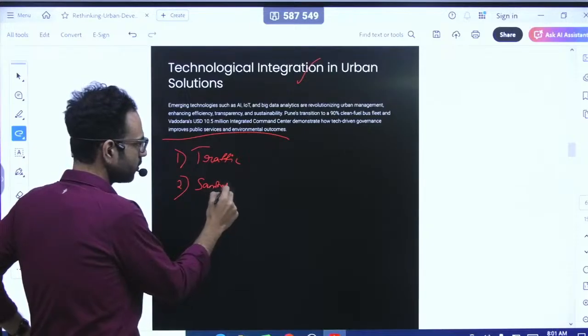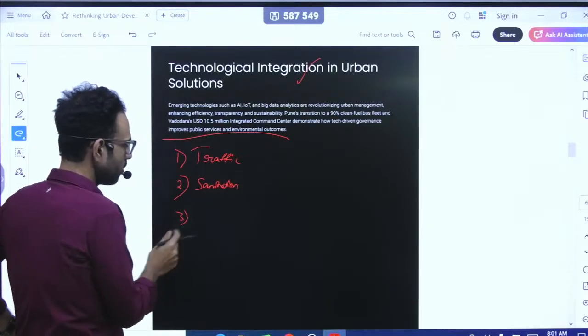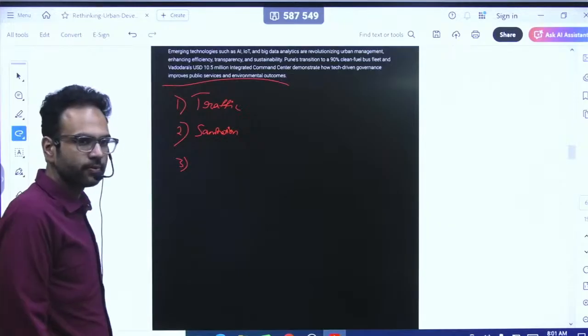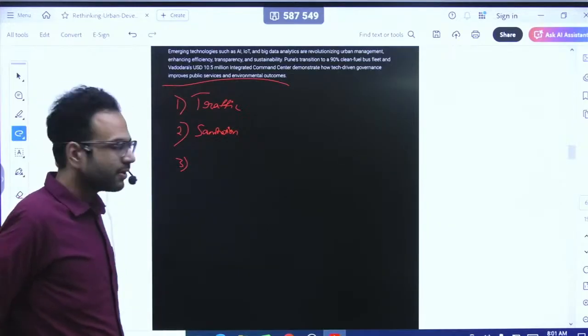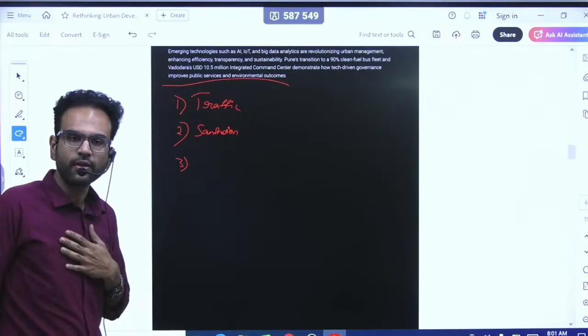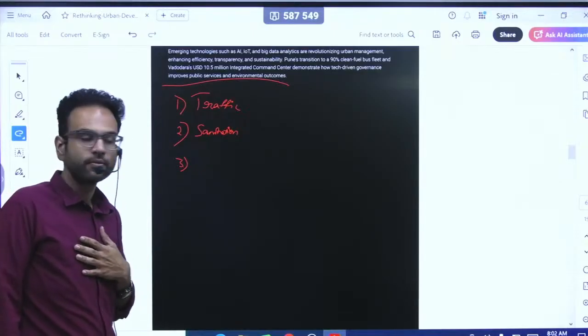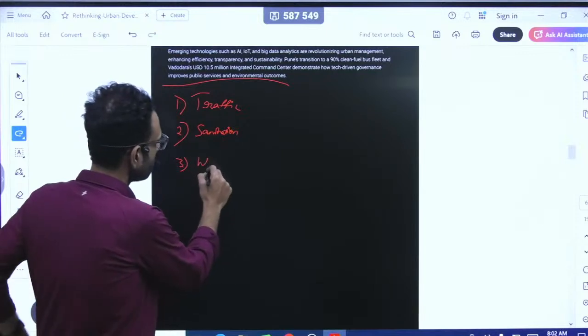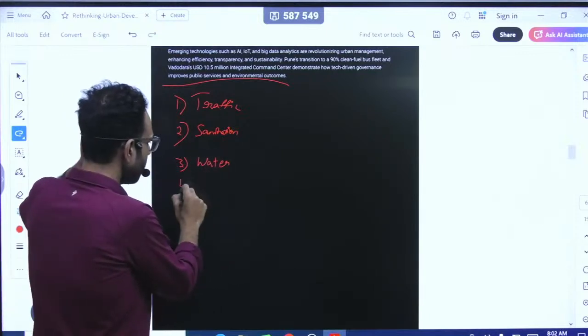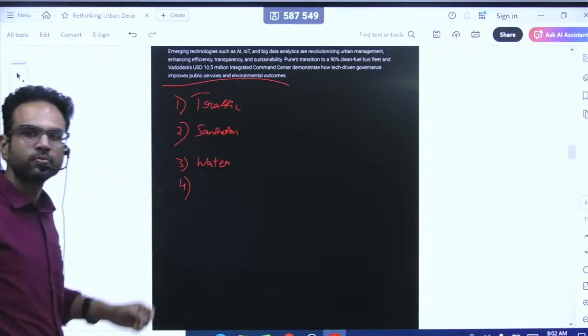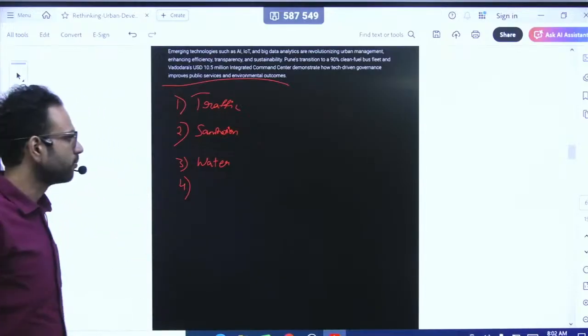What else? Water. Sanitation covers that. What else? Water availability. What else? Pollution.